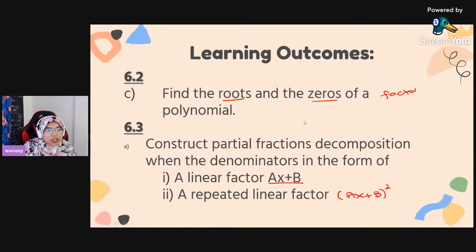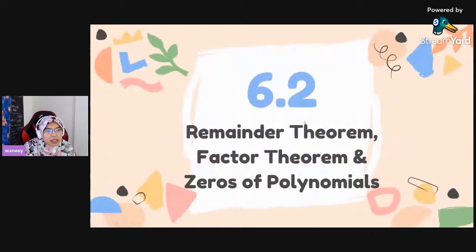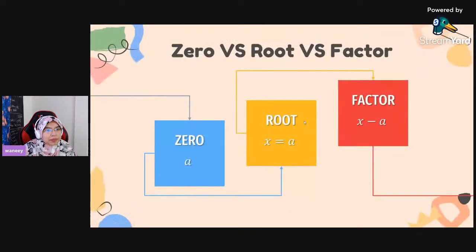Okay, so let us continue with last time, zeros of the polynomial. Okay, so you should be able to differentiate what are called the zero, what is the root, what is a factor. Okay, so from the factor theorem, we know that x minus a is a factor whenever P(a) is equal to 0.